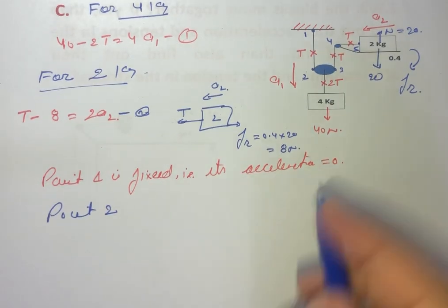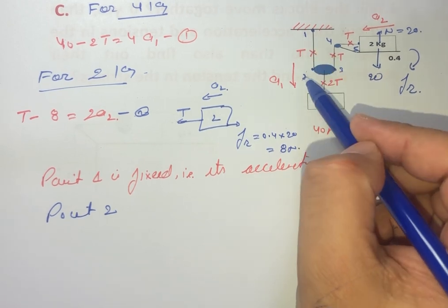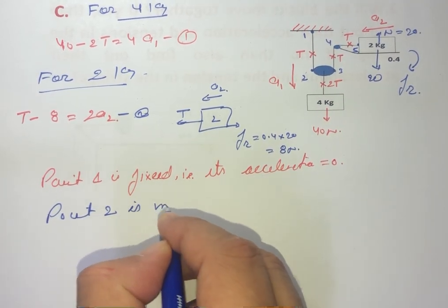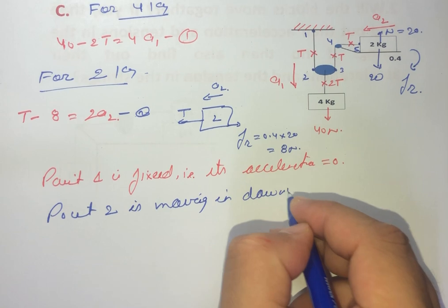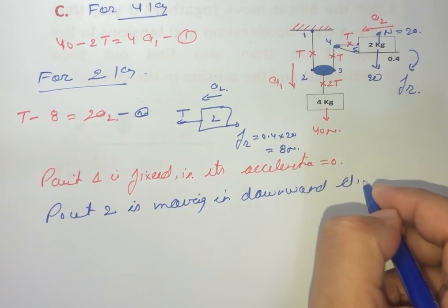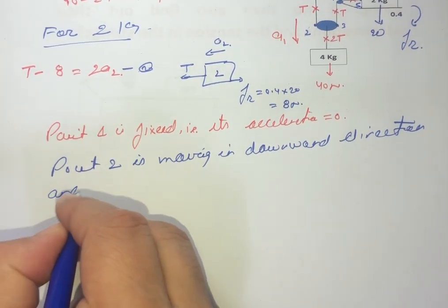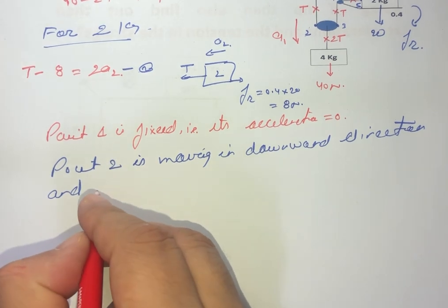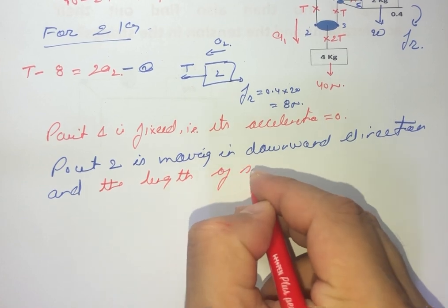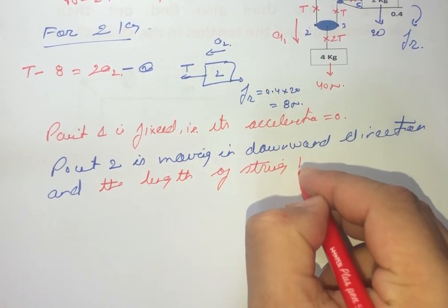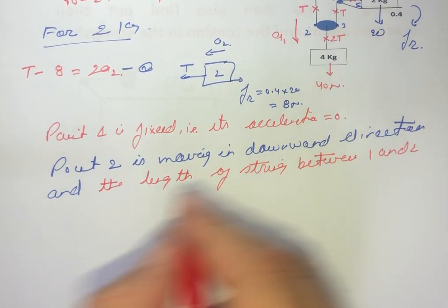Now we come to point 2. Point 2 is moving in downward direction. There is increase in length of the string between 1 and 2. Okay, point 2 is moving in downward direction, and the length of the string between 1 and 2 increases.